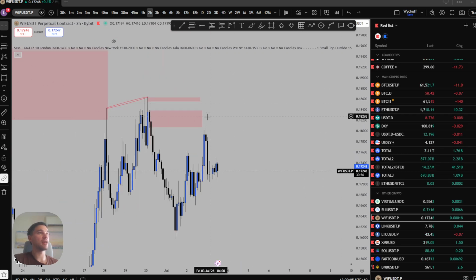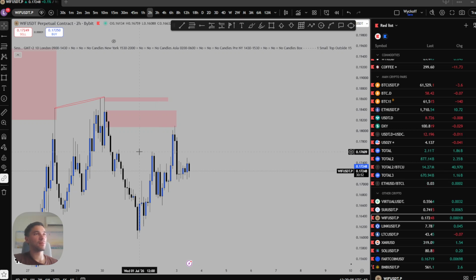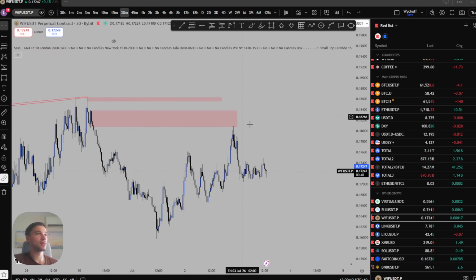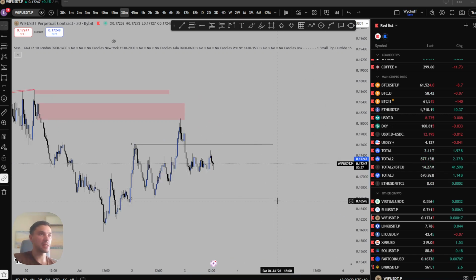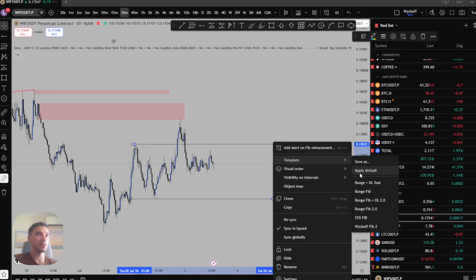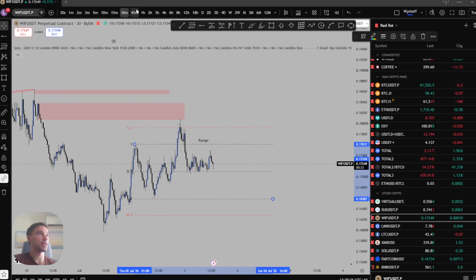WIF is in an area of supply essentially, so this move does interest me, to be honest. It is a little bit stretched out, but let's use our DL limit to double check.